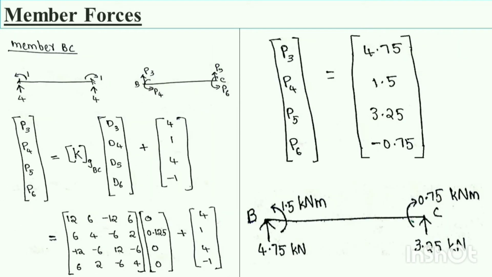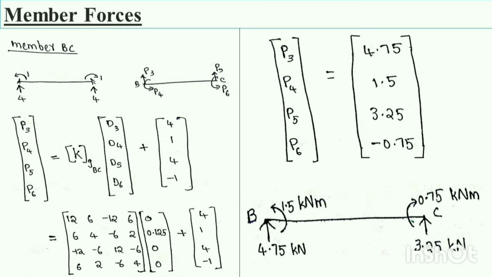Next, for member BC, the forces are P3 and P4 at B and P5 and P6 at C. And the initial forces due to fixing are 4, 1, 4, minus 1. Okay. Therefore, after equating, we get P3, P4, P5, P6 equal to Kg BC into matrix D3, D4, D5, D6 plus the initial forces due to fixing, which is 4, 1, 4, minus 1.